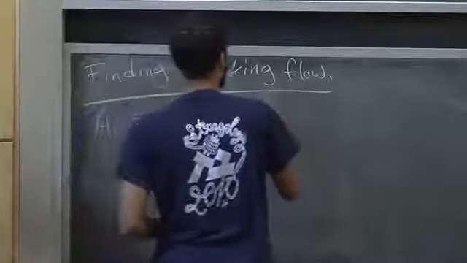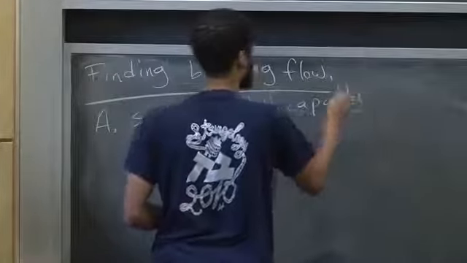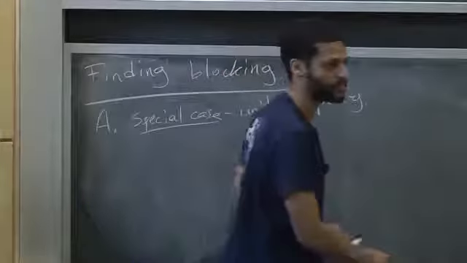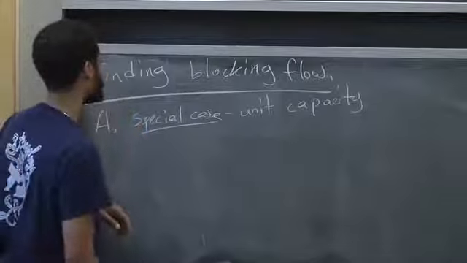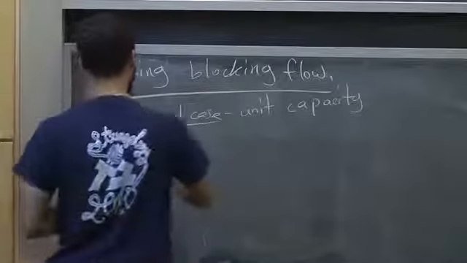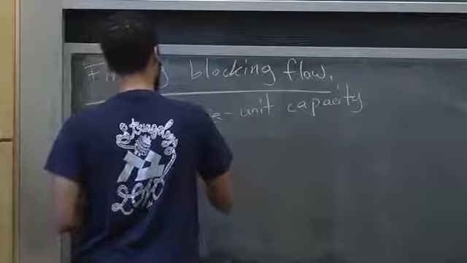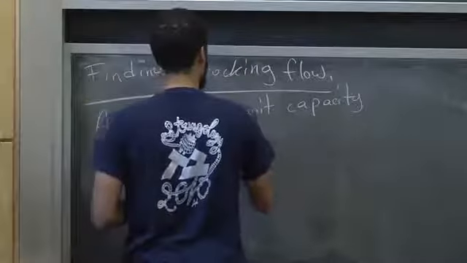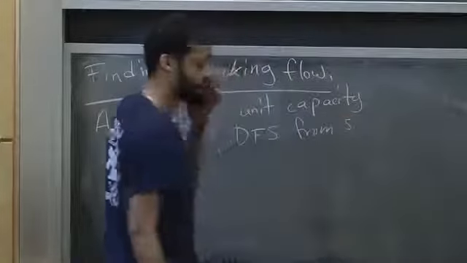Let's look at unit capacity. We're basically going to do some kind of modified depth first search from S, or repeated depth first searches.